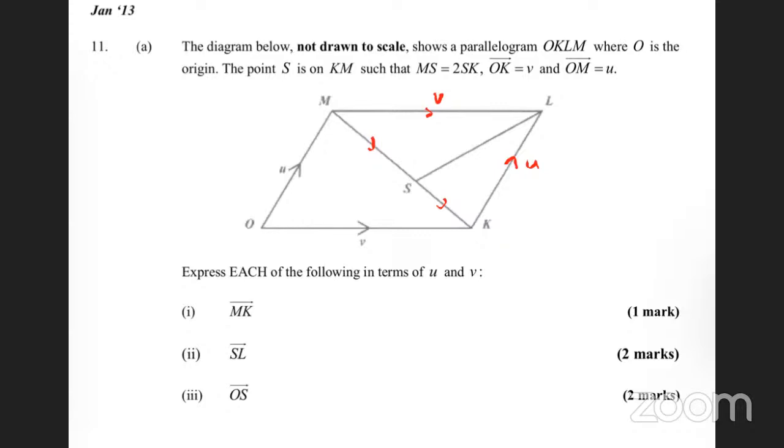Look at what it said. They said MS is 2SK, so obviously MS is bigger. But by how much? What's the ratio I'm going to put?